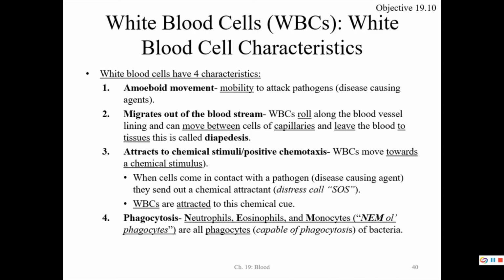When a cell comes in contact with a pathogen, it releases SOS molecules, distress call molecules, that let the immune system know that there is a disease-causing agent around, and they get attracted to that chemical cue.